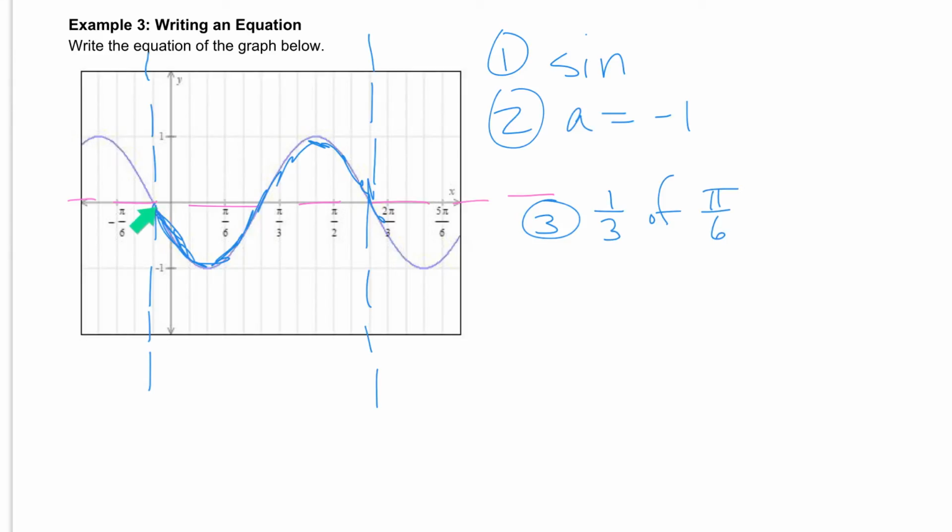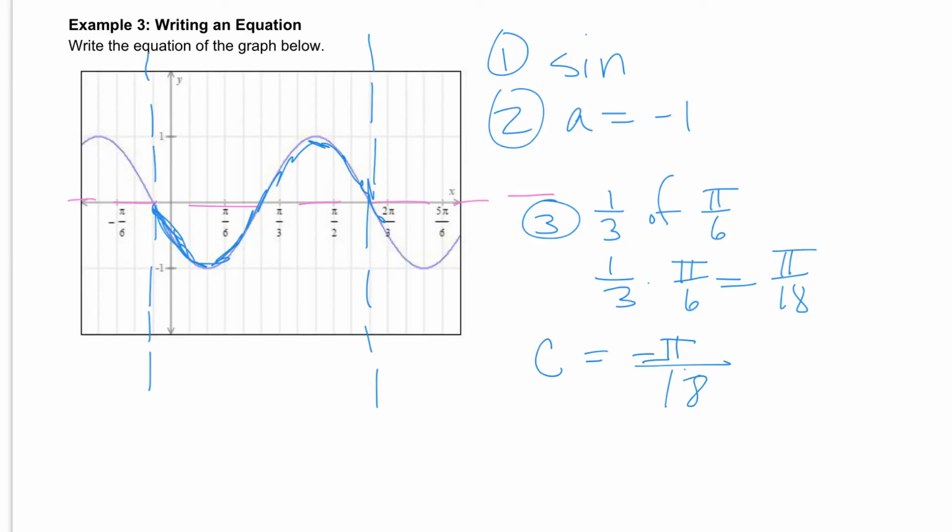Because we want to know 1 tick mark away what that distance would be. So 1/3 of pi over 6 is the same as taking 1/3 times pi over 6, which is pi over 18. Which means our C value is going to be pi over 18, but remember we're going in the negative direction, so it's going to be negative pi over 18.